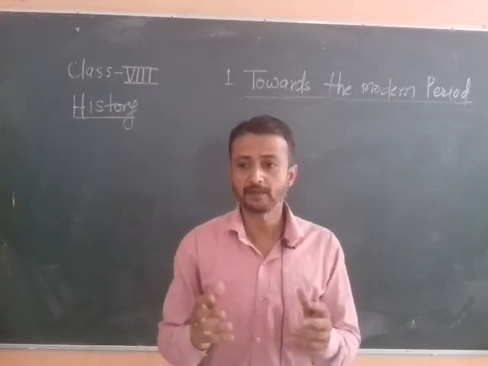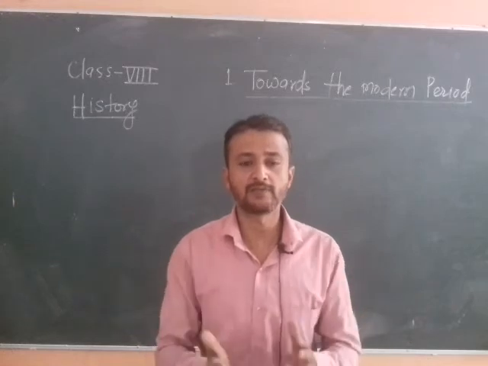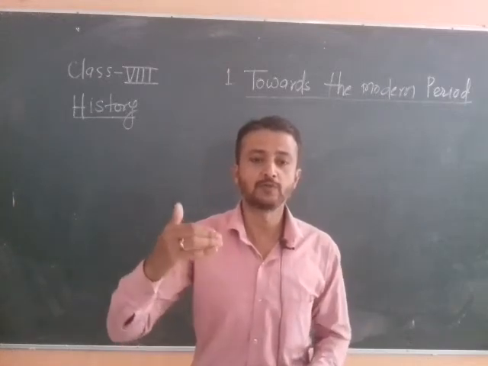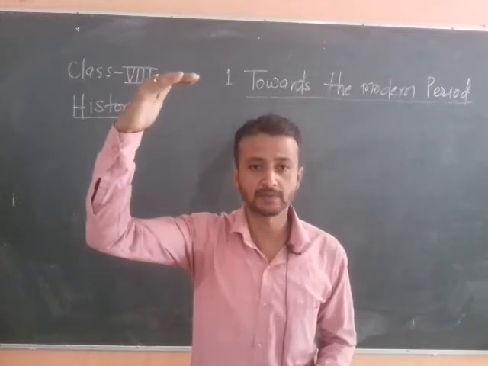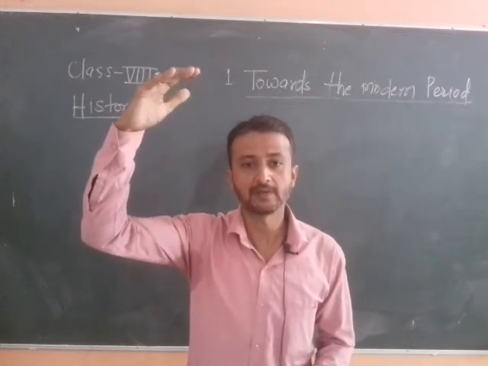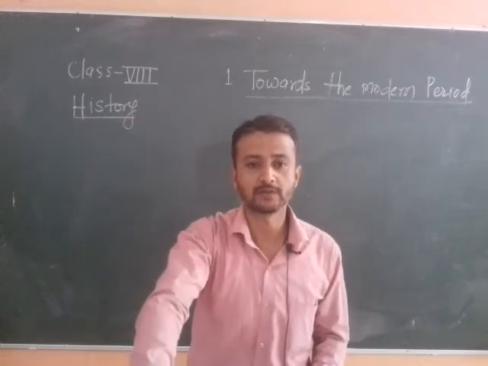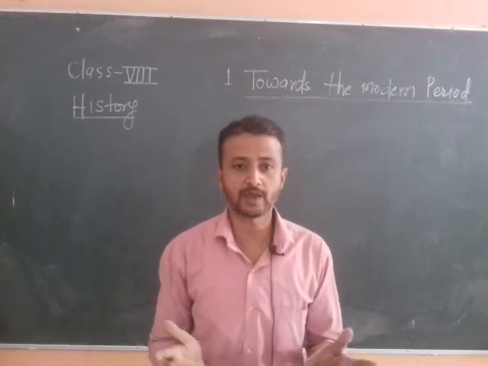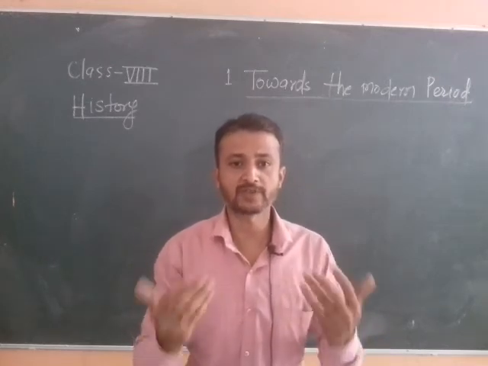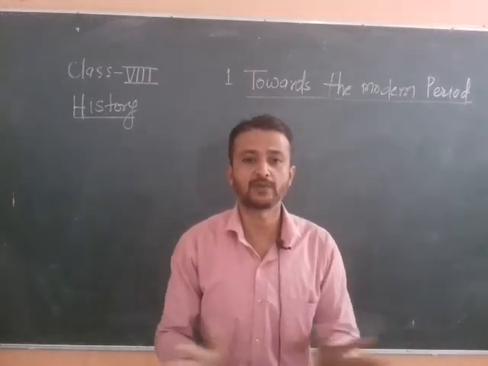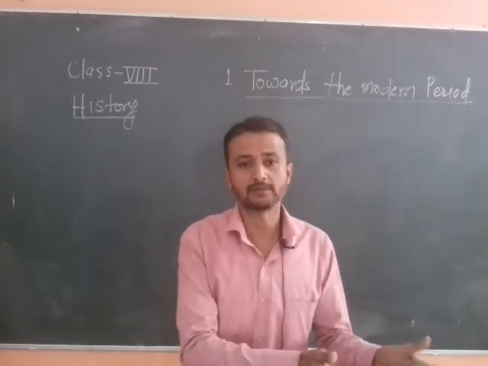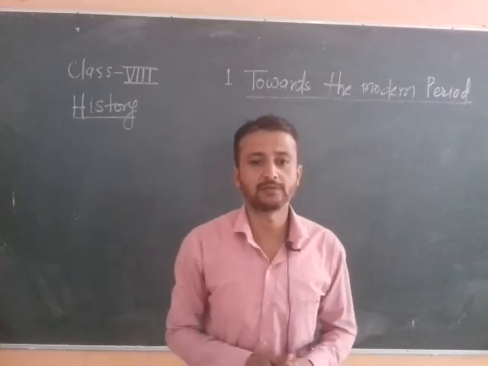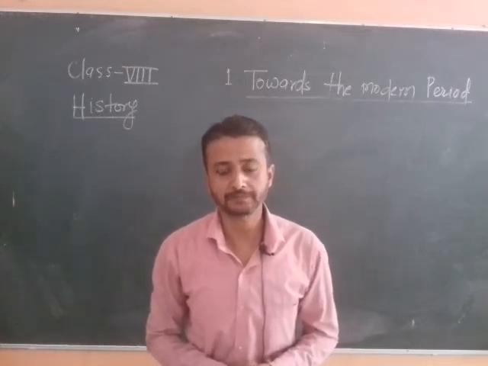Nowadays we are giving equality, we are giving respect to each other, but earlier those people who stood at higher places in social hierarchy used to exploit the lower ones. But now it is not like so. We are following the constitution, and the constitution says that everyone is equal. So these are actually the features of modern period.